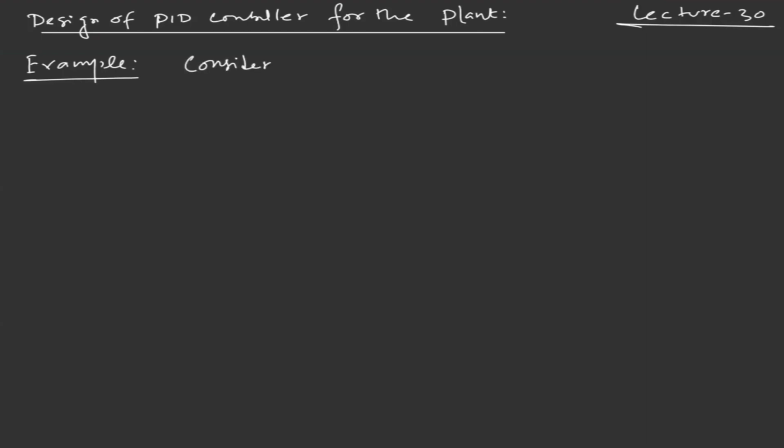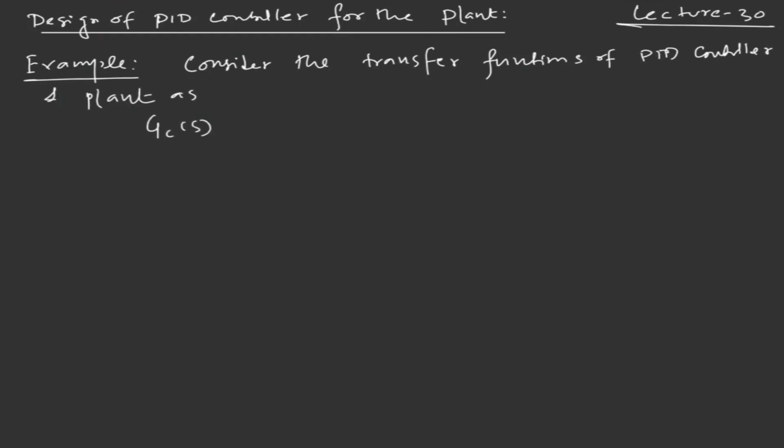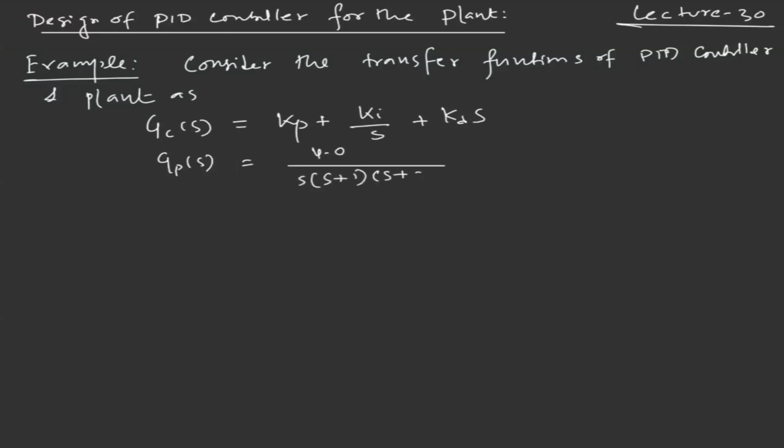Consider the transfer function of the PID controller and plant as Gc(s), the controller transfer function, which is Kp plus Ki/s plus Kd s, and Gp(s), the transfer function of the plant, 4.0 divided by s(s+1)(s+2).